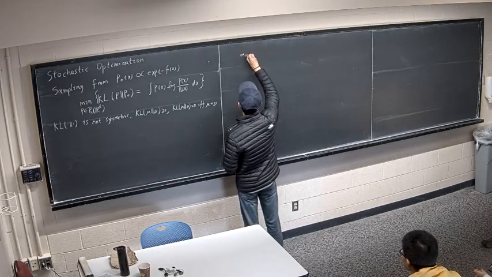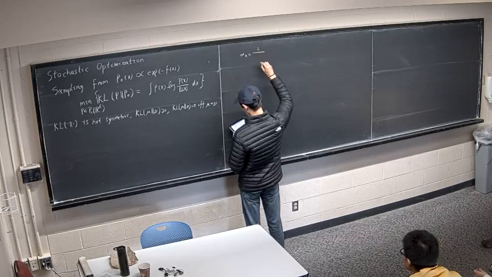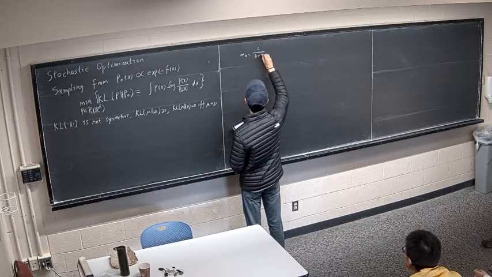So the step size alpha_k is 2 over k plus 2.